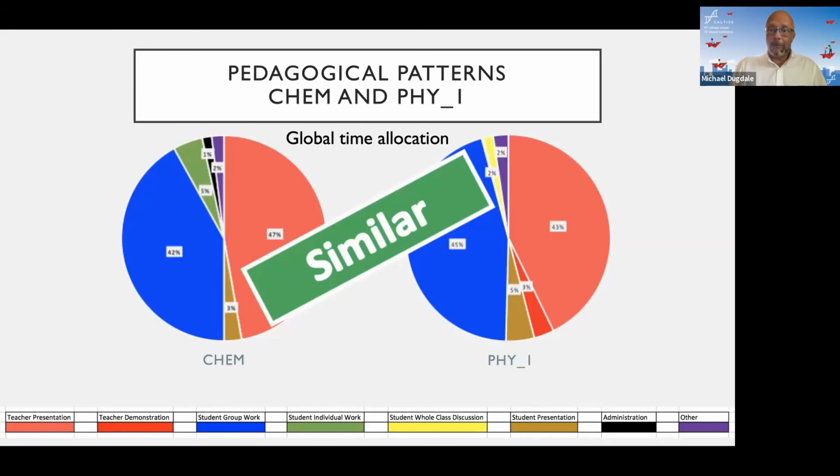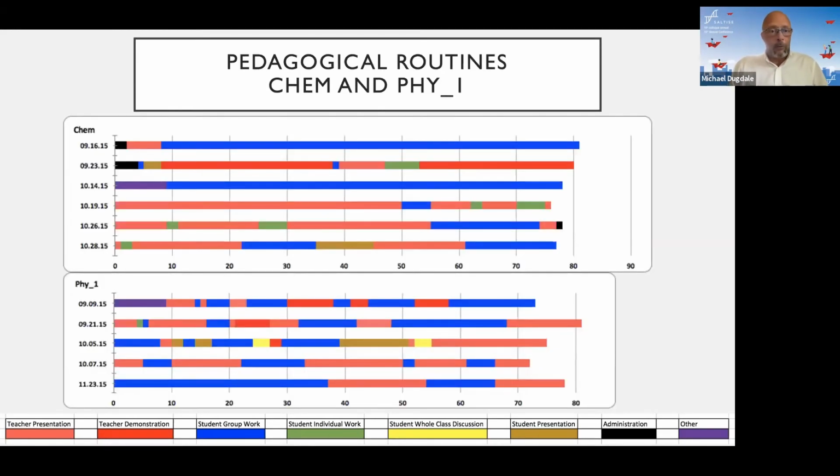And we might be tempted to say, well, it looks like they're doing things in much the same way. However, if you take a look at it on a different slant and actually map out what is happening moment to moment, you can see that there's a difference in the switching between different types of activities.